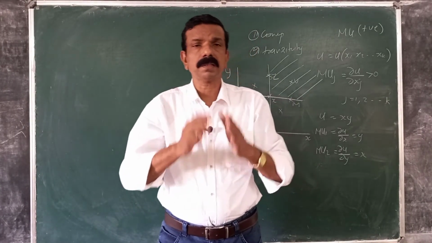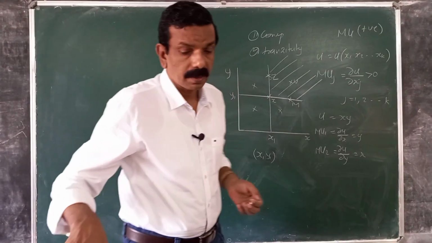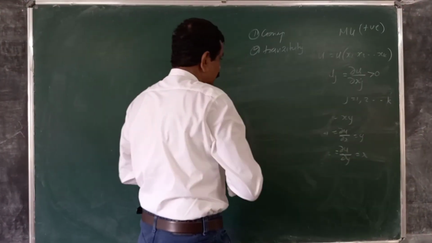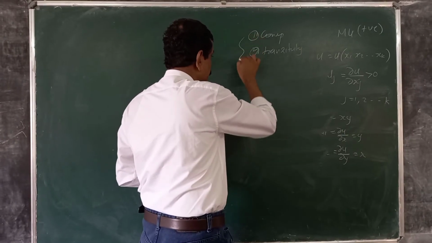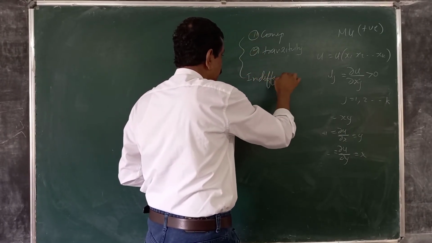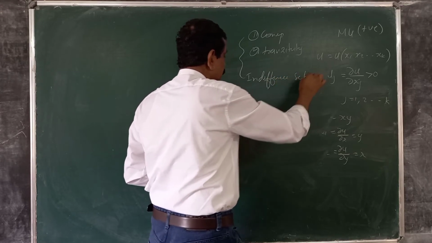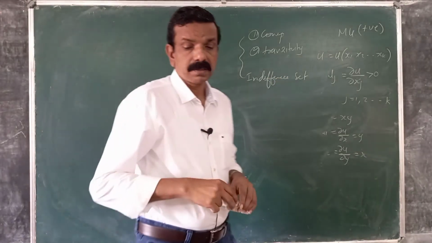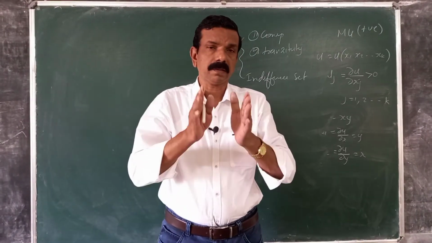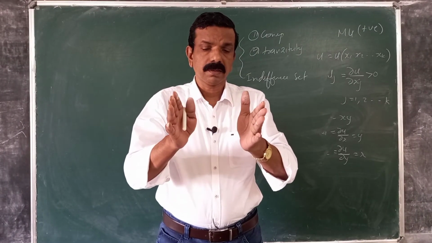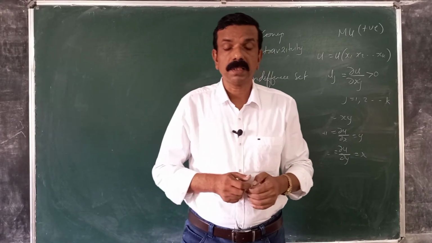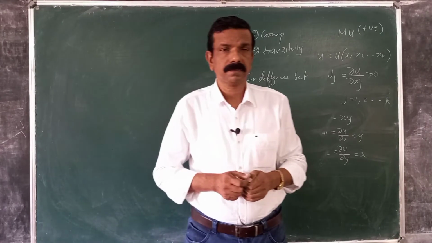And these two axioms determine what is known as the indifference set, the indifference set of commodity bundles, where within each set the consumer will get the same level of satisfaction.